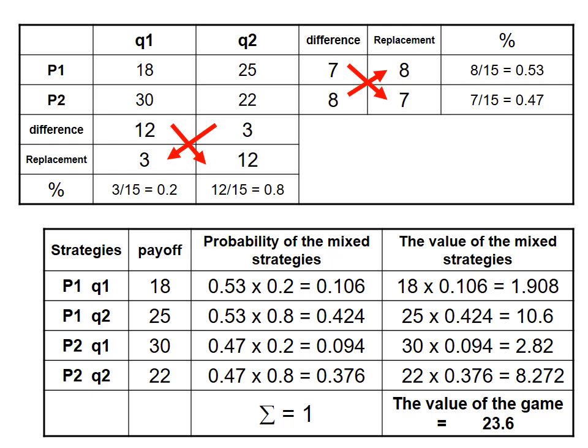The strategy B2 Q2, the payoff of them 22 times the probability of them, 0.376, equals 8.272. The summation of these strategies represents the value of the game, equal to 23.6.